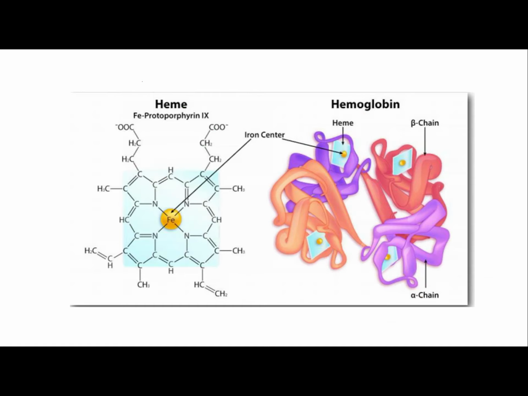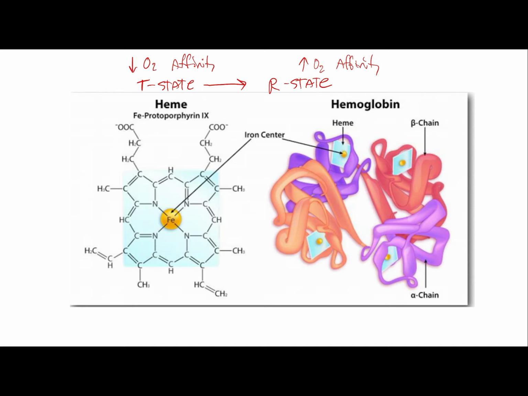So T has lower O2 affinity, and R has higher O2 affinity. These shape changes favor each of the remaining subunits binding oxygen as well.